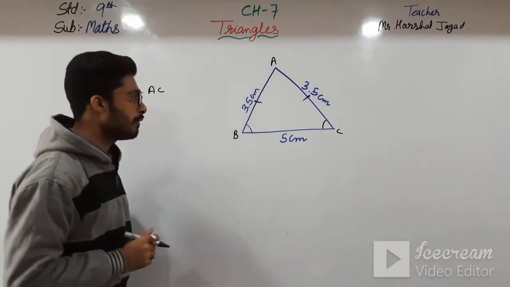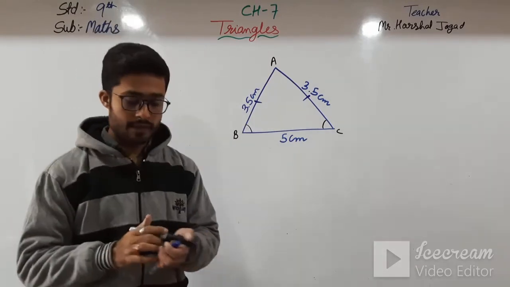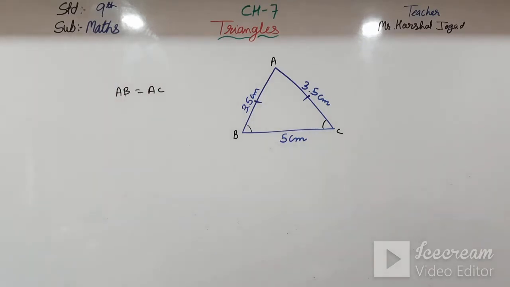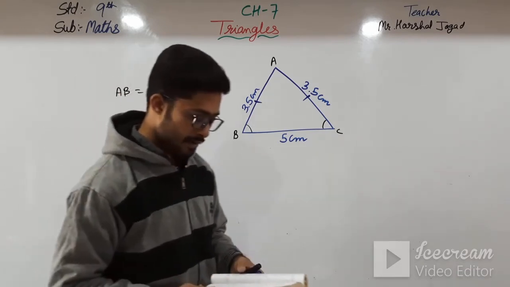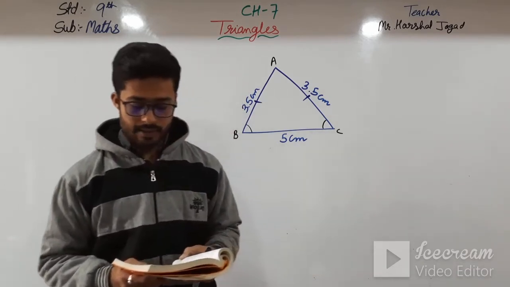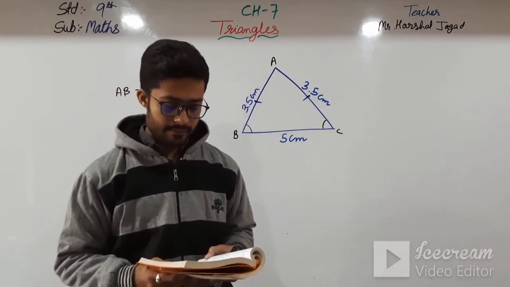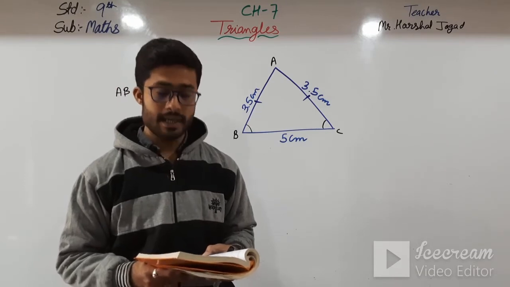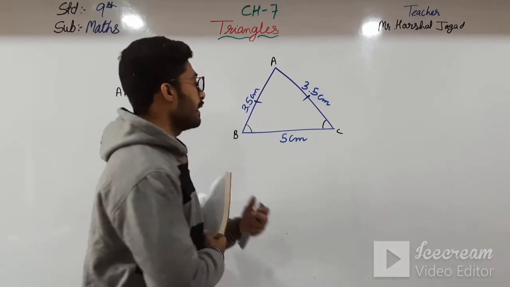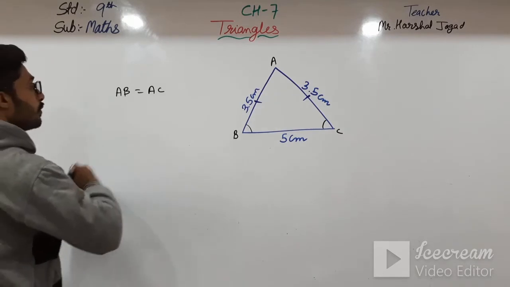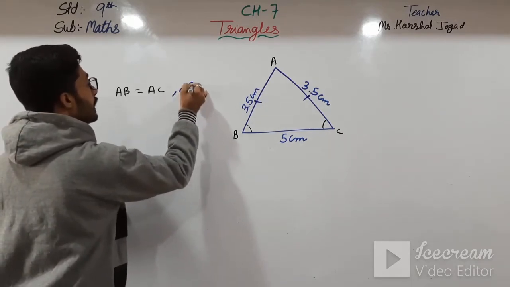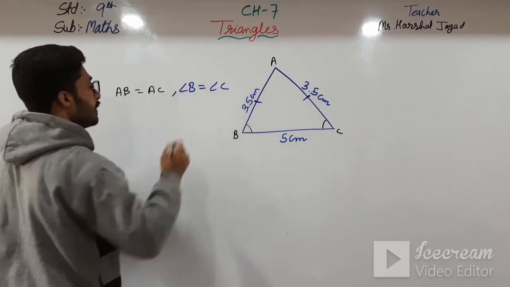There is a proof given over here. First of all I am just reading it. Here we are given an isosceles triangle ABC in which AB is equal to AC, and we have to prove angle B is equal to angle C.